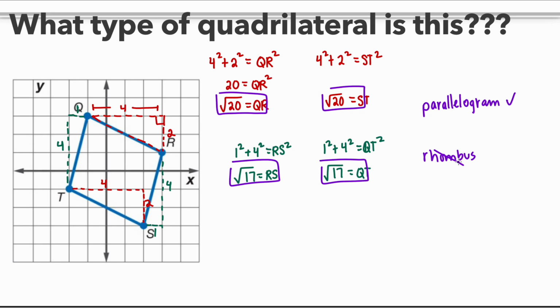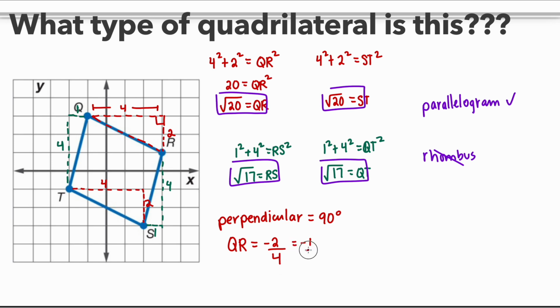The only thing we can check is if this is 90 degrees, which means we want to know: are consecutive sides perpendicular? Because you learned that perpendicular means 90 degrees. So if I was to find the slope of QR, going from Q down to R, I would go down 2, so it's negative, and over 4.